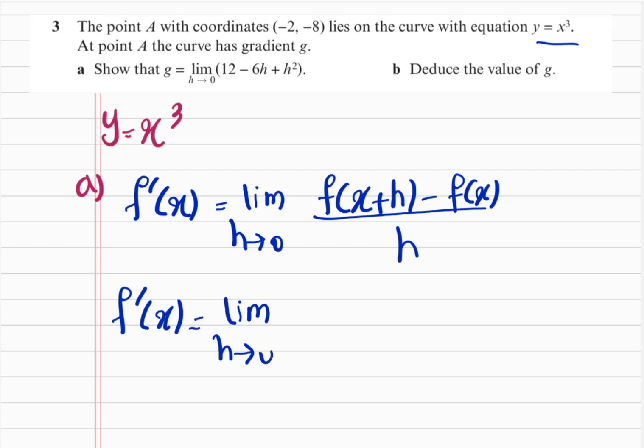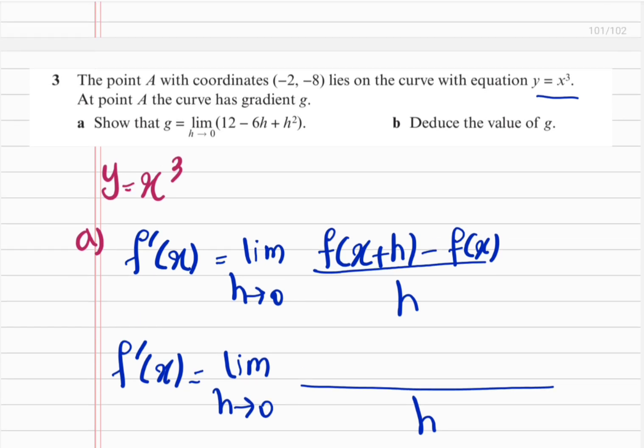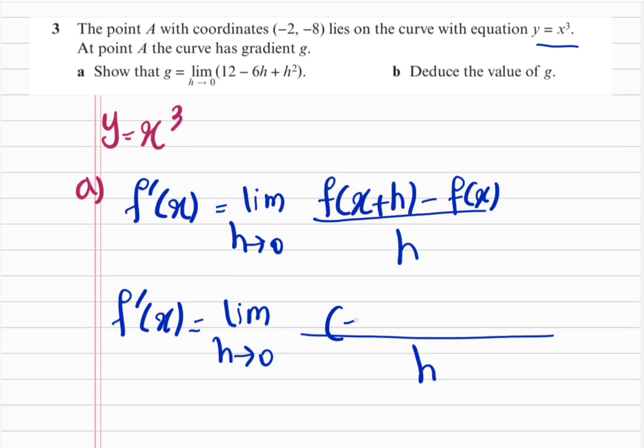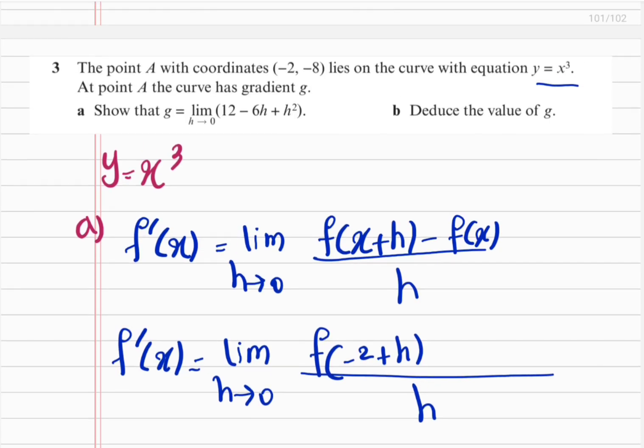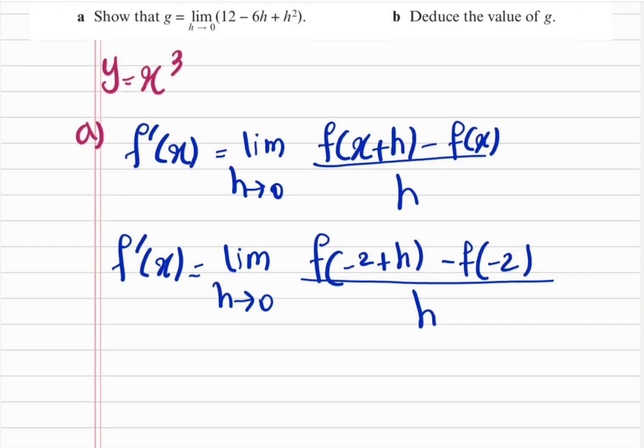So here the limit, as h tends to 0. Then for f of x plus h, in the usual way when we don't have a point, we just say x plus h cubed, because that's the function. But since now we know that the x coordinate is -2, we do f of -2 plus h, and then minus f of -2, because -2 is the x coordinate.